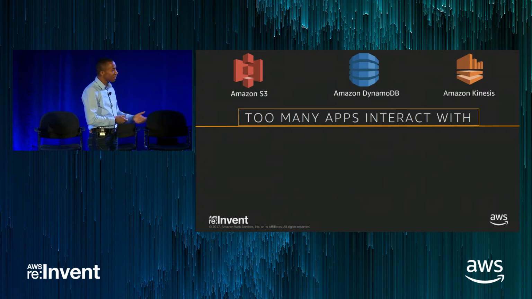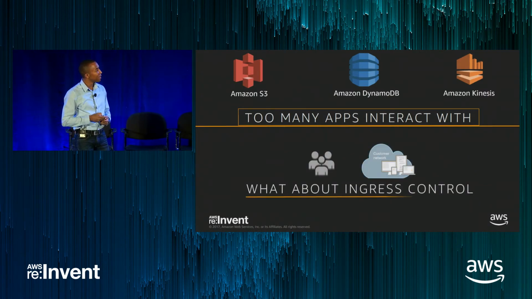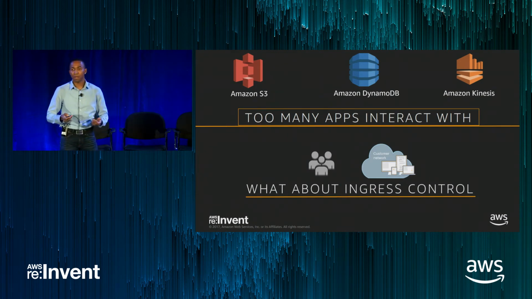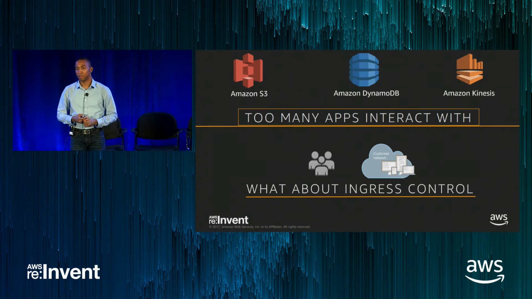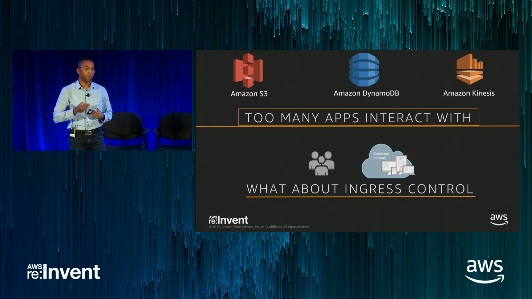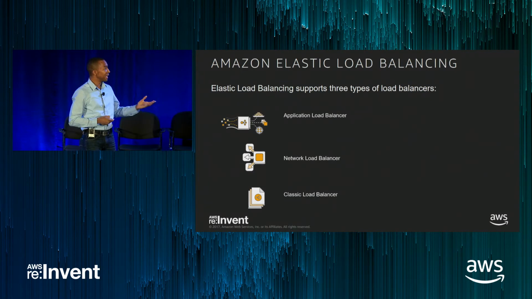Well, I'm going to talk about that. But before I get there, there's one design that not a lot of people talk about, and that's ingress. Am I going to attach a public IP address to all my instances? Do I have to really do that? Right? How do I simplify ingress points for my customers? Well, Amazon has made it really easy to do that.